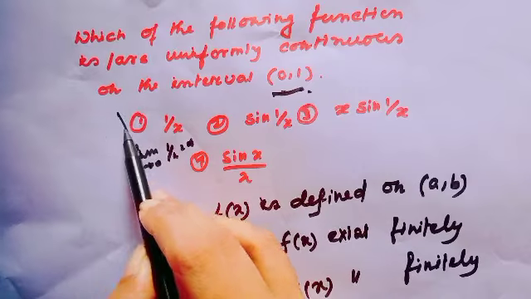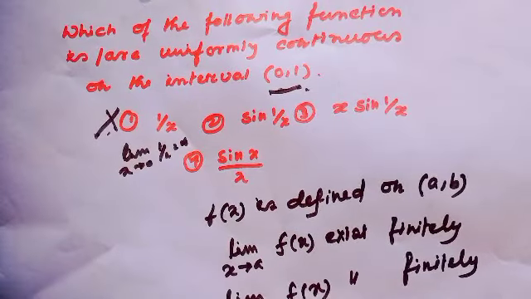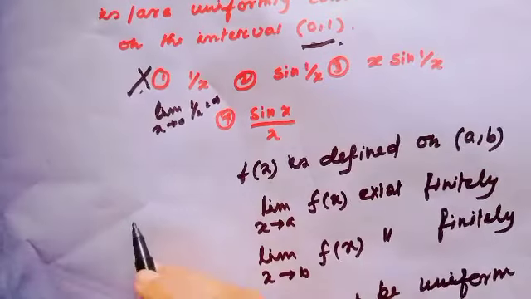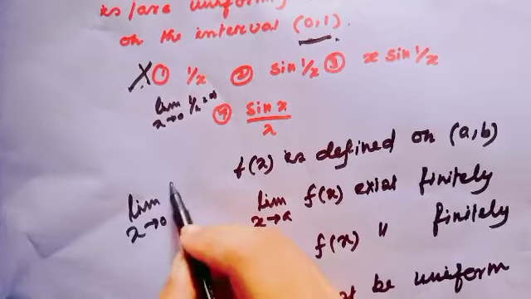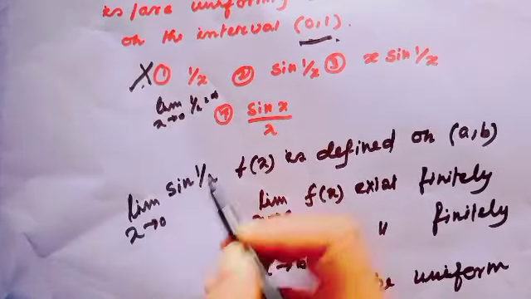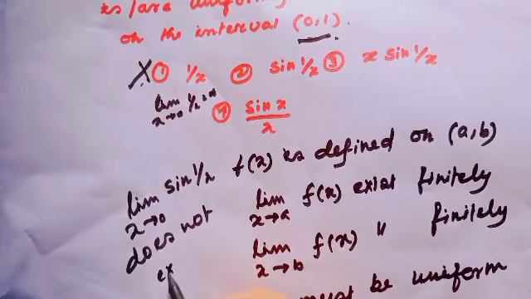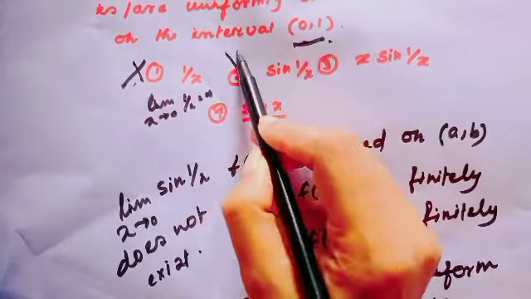So this is a wrong option. The second option is sin 1 over x. Okay. This is also an oscillatory function, and we all of us know limit x tends to 0 of sin 1 over x does not exist. So option 2 is also a wrong option.